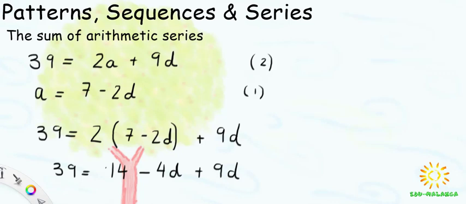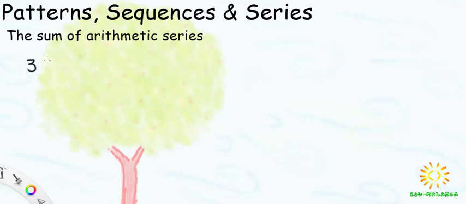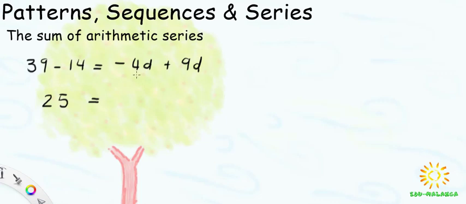We get 39 minus 14 is equal to minus 4d plus 9d. We'll now simplify the two sides of the equation. 39 minus 14 is equal to 25. It's equal to minus 4d plus 9d, that's equal to 5d.